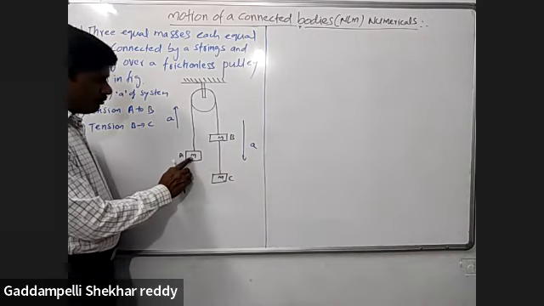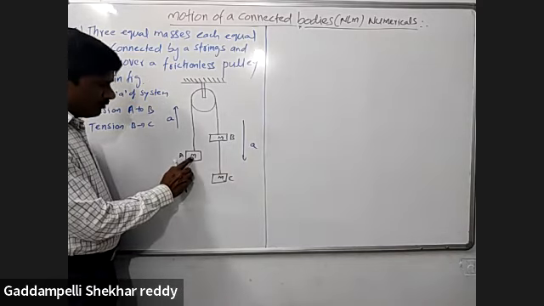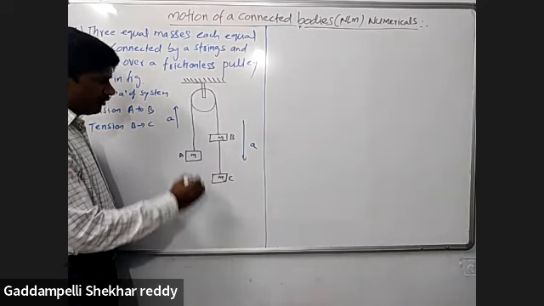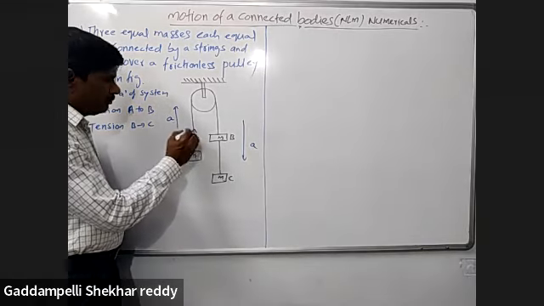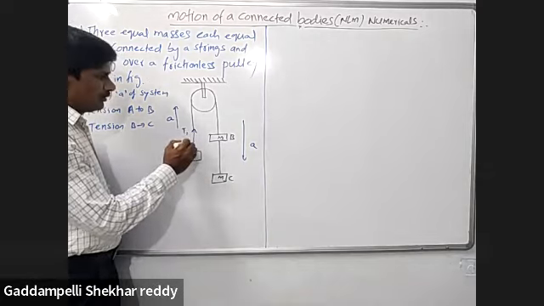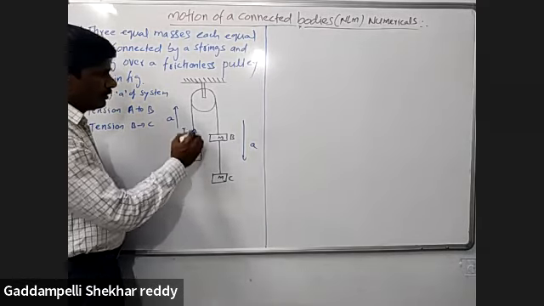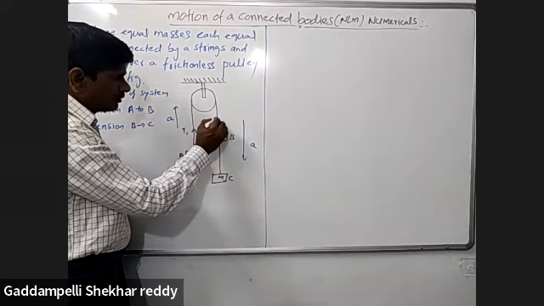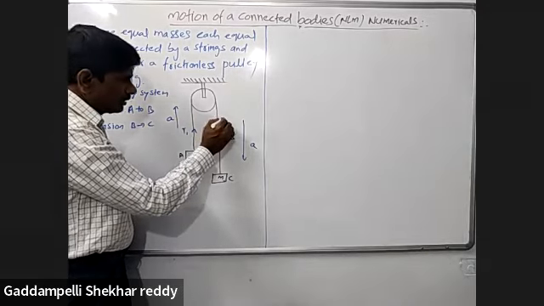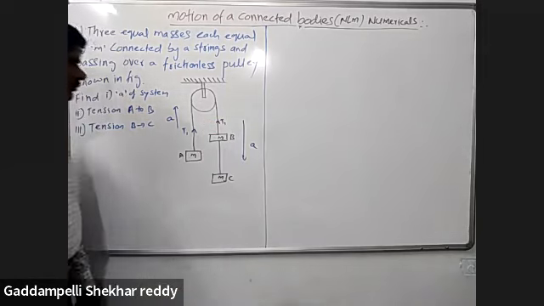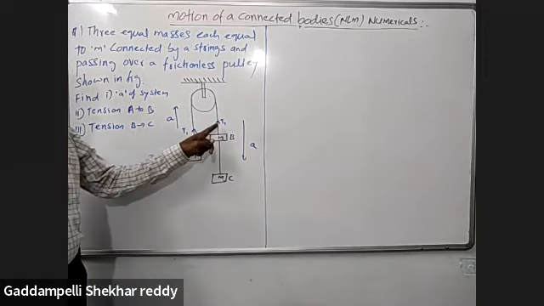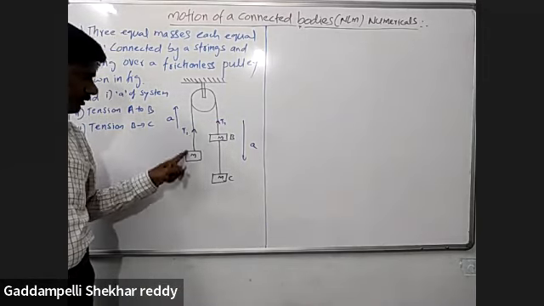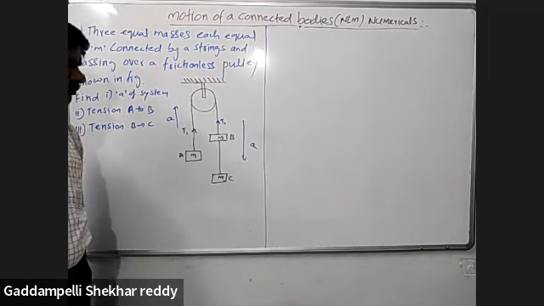If you consider mass m, the weight acts downward and the tension, denoted by T1, acts upward. From A to B the tension is the same, since A to B is a single string, so the tension on this side and that side is the same.